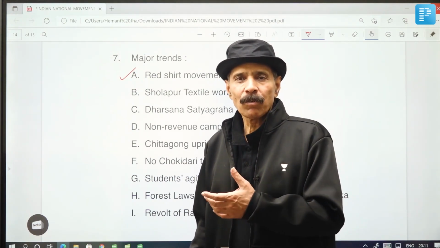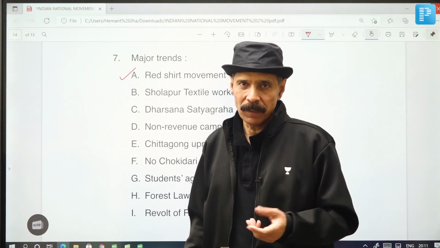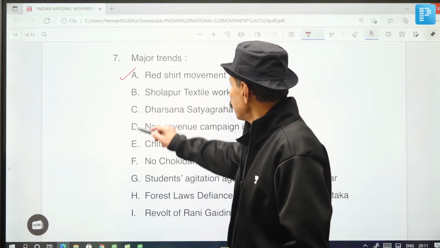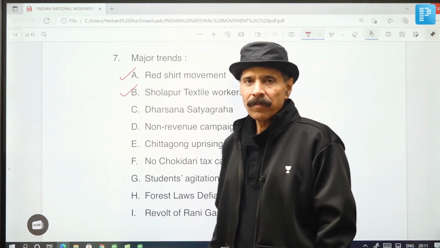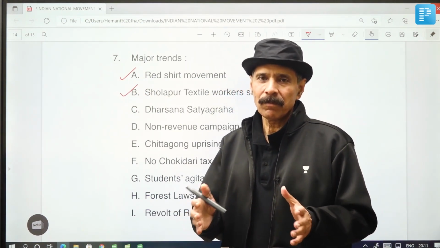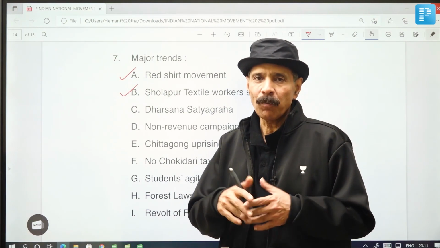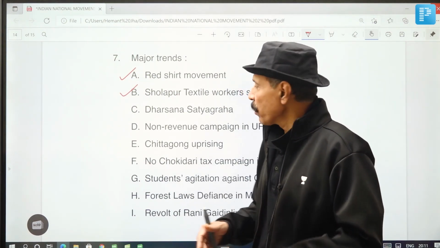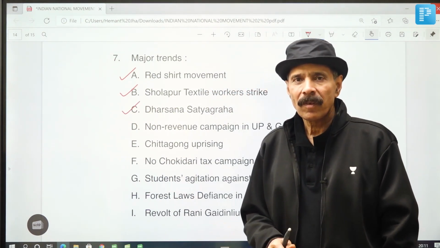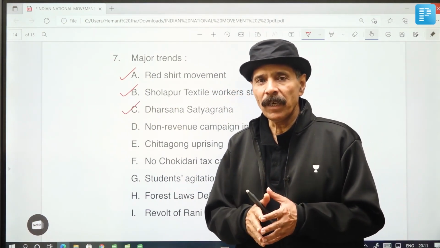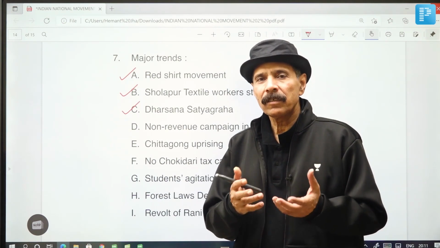This movement was also known as the Khudai Khidmatgar movement. Next, the Sholapur Textile Workers Strike, a massive strike that took place in Sholapur. Next, Dharsana Satyagraha, and here a very important role was played by Sarojini Naidu.